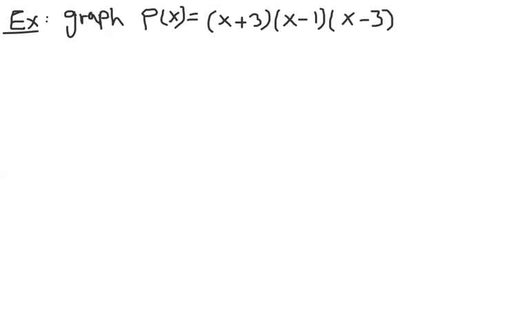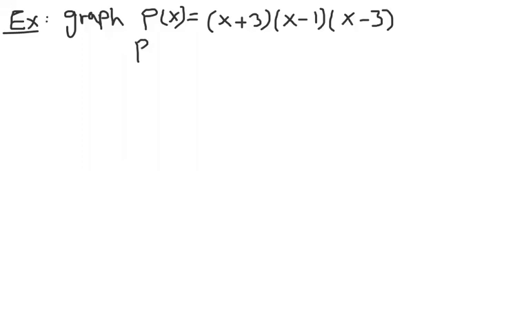So the question is now, what are the zeros for this polynomial function? Since this polynomial function is already factored, we have to find the zeros. What are the zeros? Minus 3, 1, and 3. That's true.